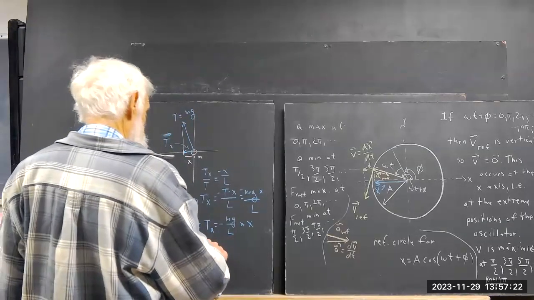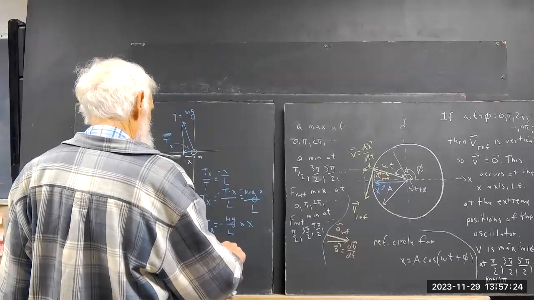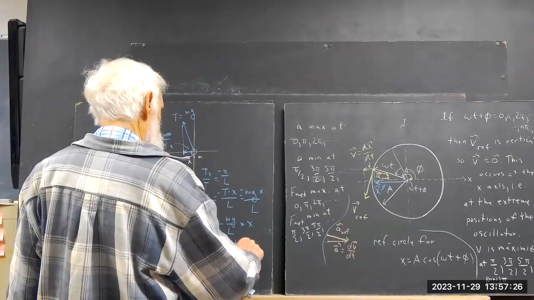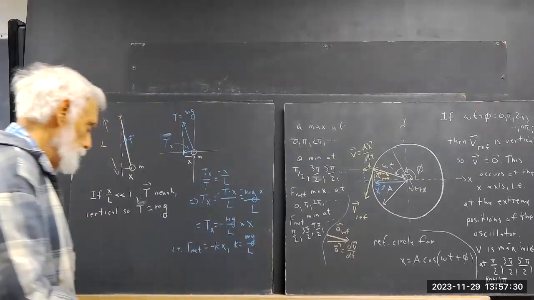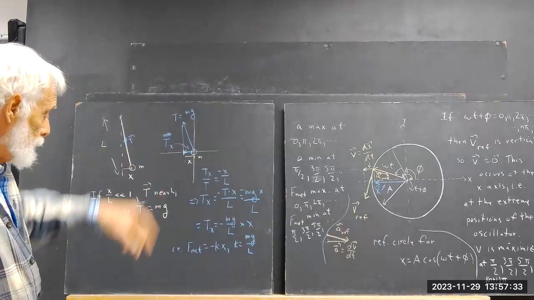So we get F net equals negative KX, where K equals mg over L.